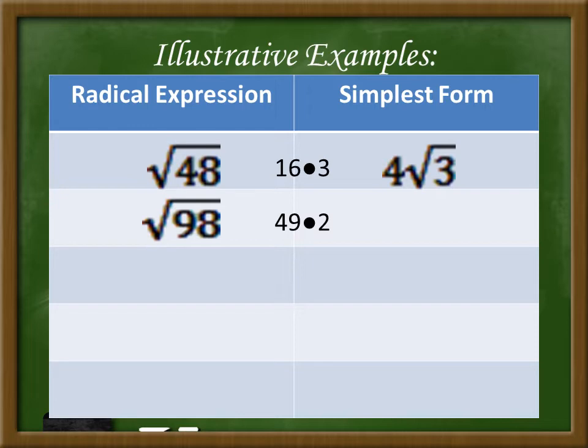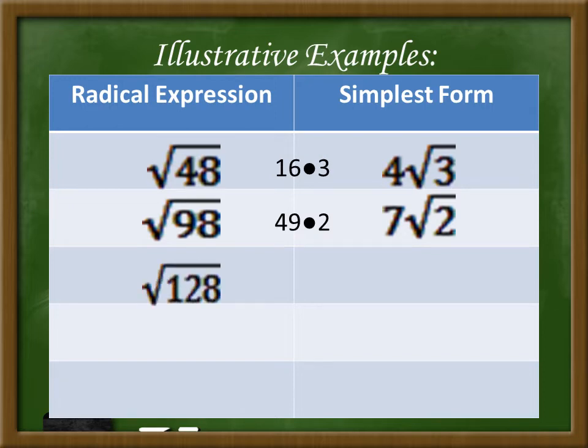And then we will put 2, the other factor, inside the radical sign. So the answer is 7 square root of 2. 7 came from the square root of 49, and your 2 here is the other factor. The other factor will remain inside the radical sign.